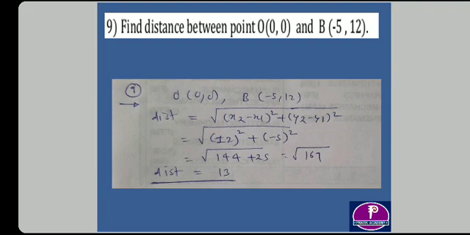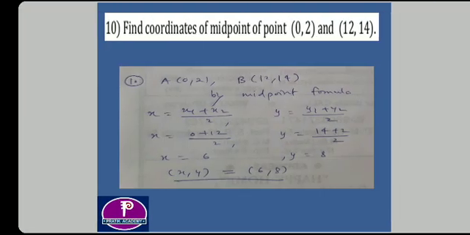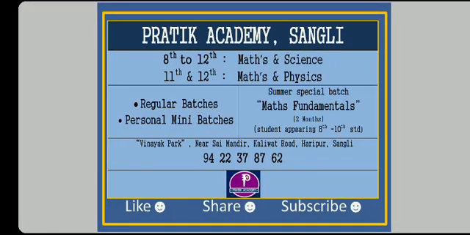Here x1 and y1 are 0, so the distance is coming 13. And find the coordinates of the midpoint of points (0, 2) and (12, 14). So use the midpoint formula, we get the coordinates (x, y) as (6, 8). So in this way we have discussed MCQs and 1 mark problems from chapter coordinate geometry.